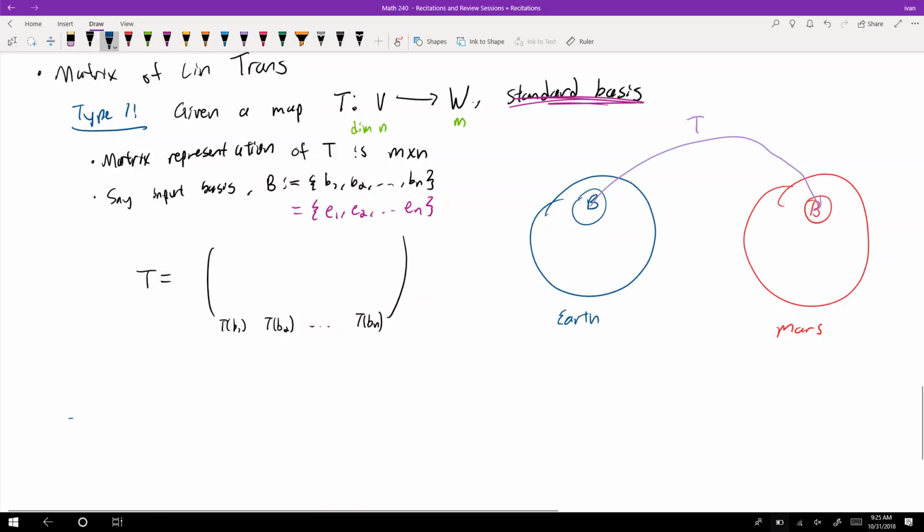Type 2. You have random inputs and you have their corresponding outputs.